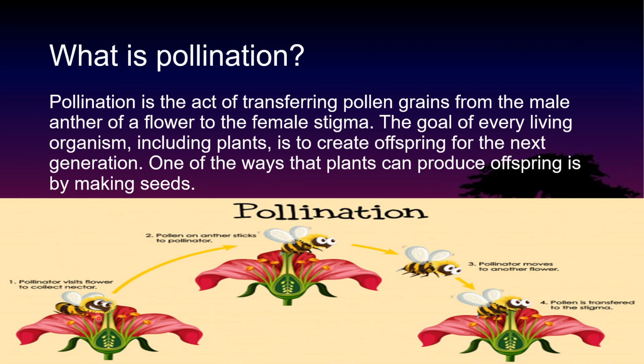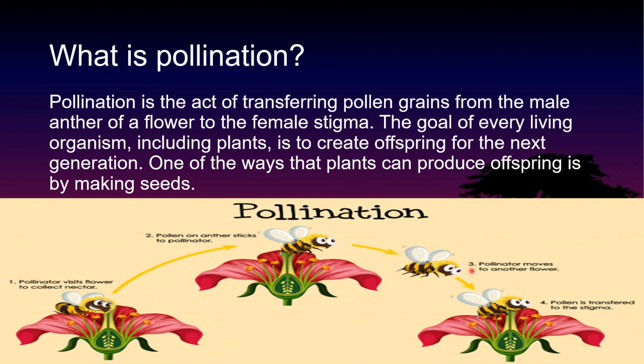Here, the insect sucks the nectar, and when it sits, the pollen grains stick to it. When it lands on the stigma, the pollen grains are left there and transferred to the stigma. This process is known as pollination.